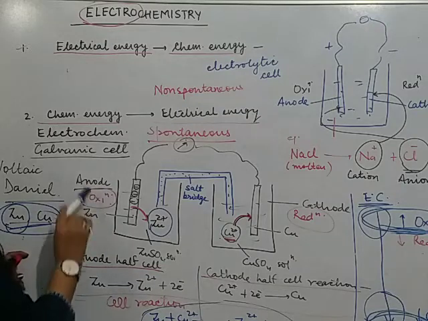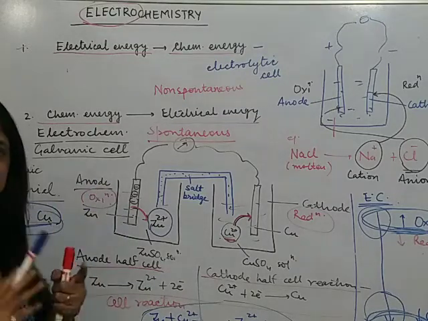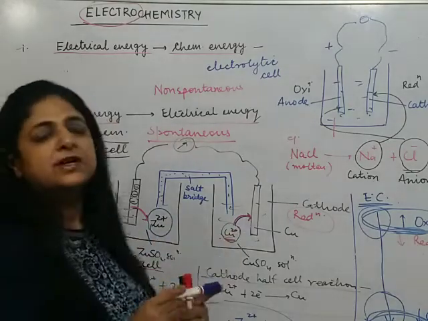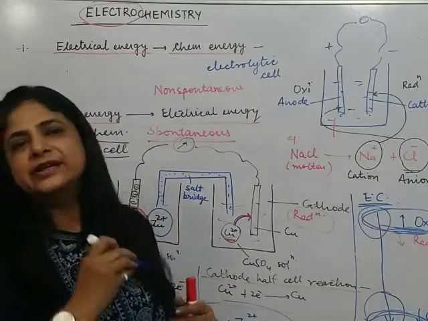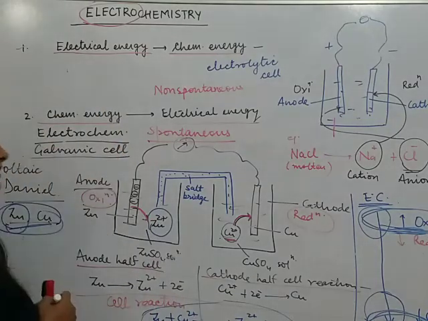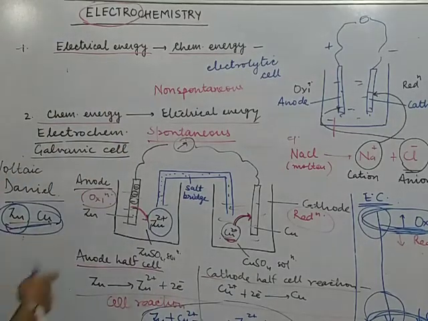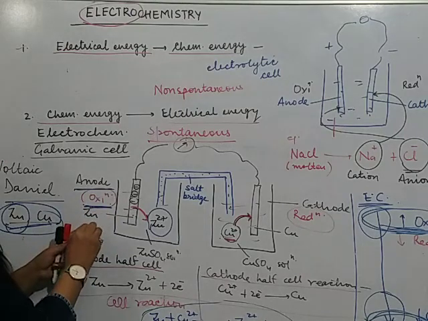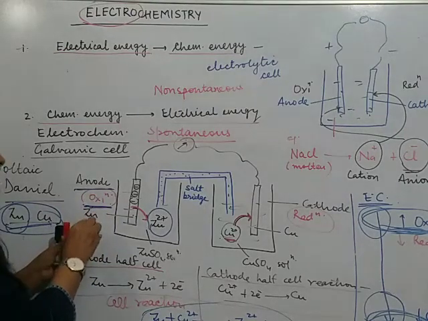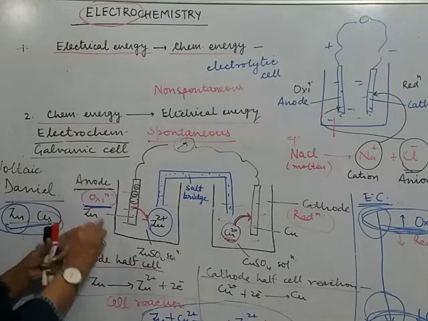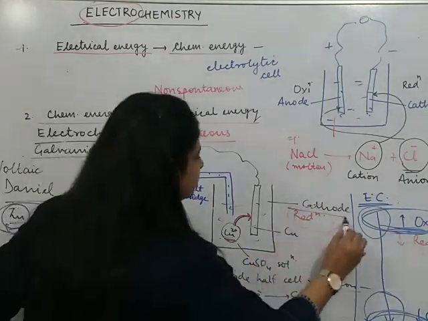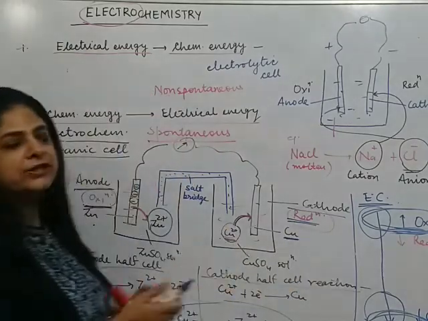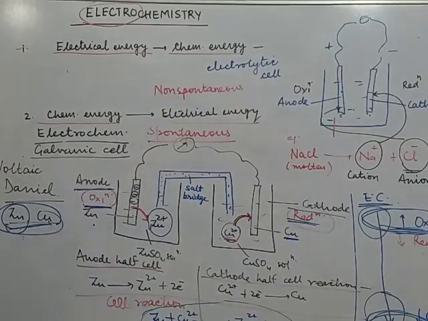Now anode will be of the metal which is higher in electrochemical series, while the cathode will be made of metal which is lower in electrochemical series. So at anode oxidation will take place and it will consist of a metal which is higher in electrochemical series. At cathode the reduction will always take place and it will have a metal which is lower in electrochemical series.